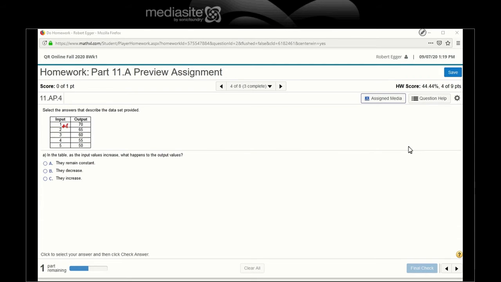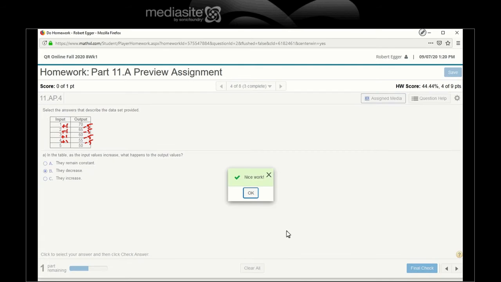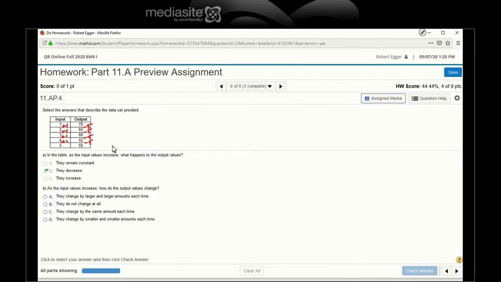Let's see, plus 1. We're getting smaller. Okay. So, as x increases, what is the output doing? They're getting smaller. 65 is less than 70, 60 is less than 65, 50 is less than 55. Yeah, I skipped 1. And what about the change between successive differences?